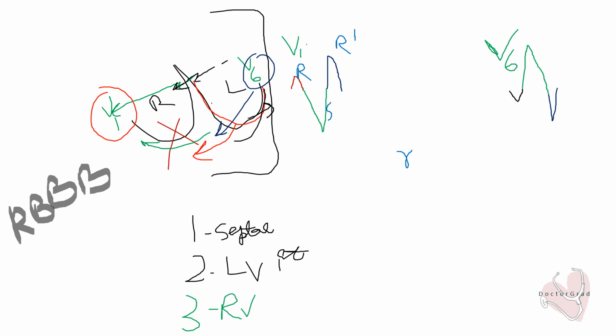So the first wave, if it is positive, is called an R wave. A second wave that follows an R wave and is a negative deflection is called an S wave, no matter the amplitude. Here it is a larger amplitude, so you can call it capital S.